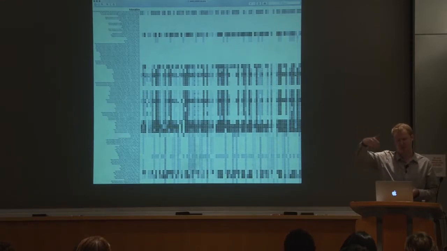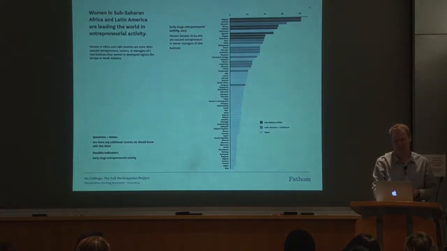This was another representation of just where the gaps are in the data: one row per indicator, horizontally it's each country, and just the intensity based on how much data we have for that item. Within each of those indicators, then trying to pull out different takeaways and stories.